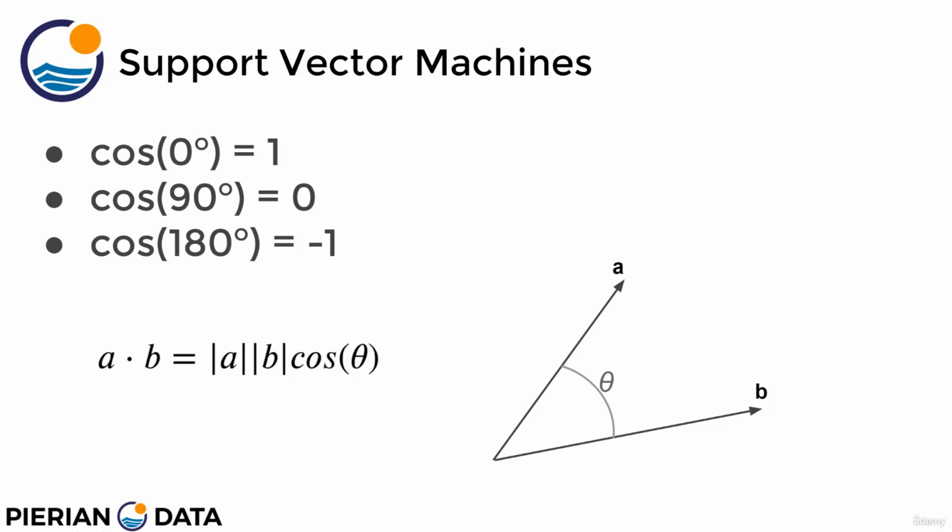You'll also notice in the case that these two vectors are perpendicular or orthogonal to each other, cosine of 90 degrees, that would be equal to 0, meaning the inner product is equal to 0. And then, if they are pointing in exact opposite directions, that is cosine of 180 degrees, then we would have negative 1, essentially saying it's negative 1 times the magnitude of A and the magnitude of B. So clearly, we can think of this inner product as a similarity measurement. So let's now move on to discussing the kernel trick.